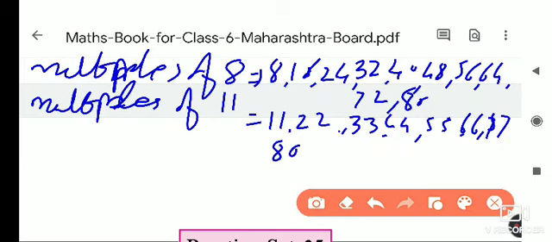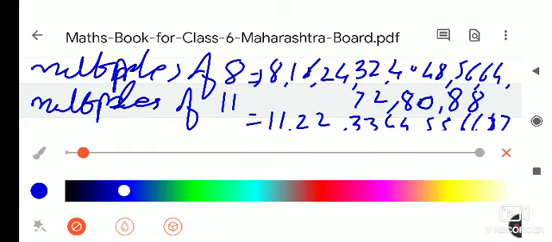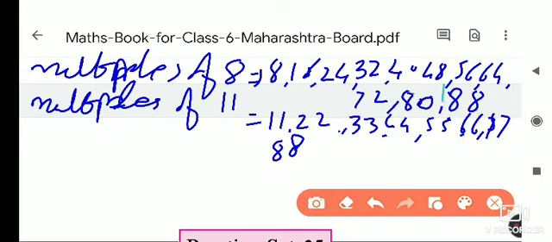If you see these multiples, you will notice that there is no common number here. So what we have to do here is take the lowest number and keep multiplying. I will take one more multiple of 8, that is 88. Now I got the lowest common multiple, that is 88.